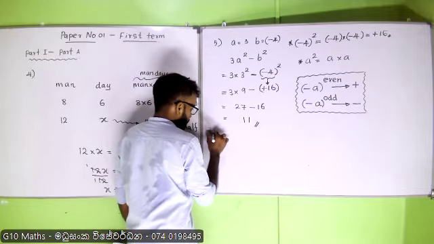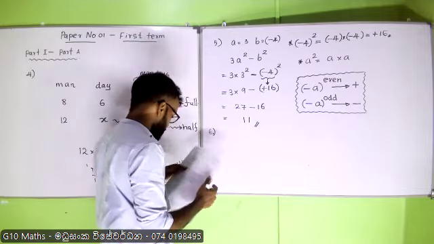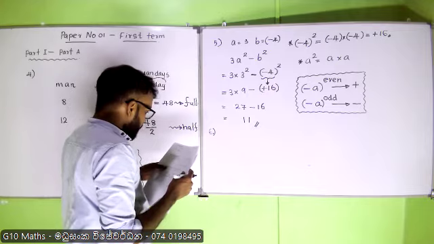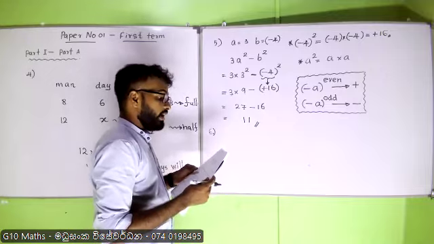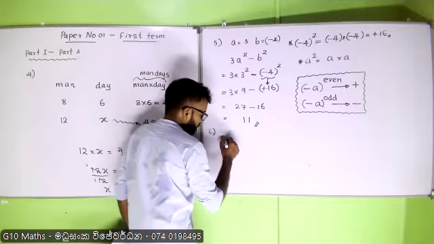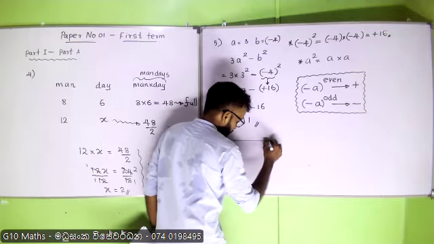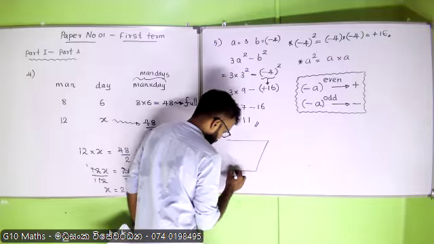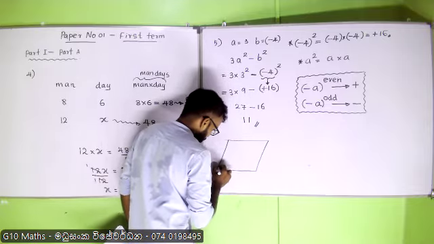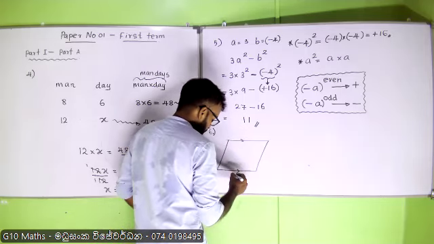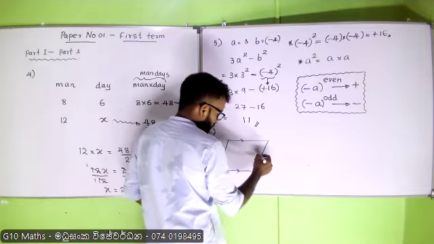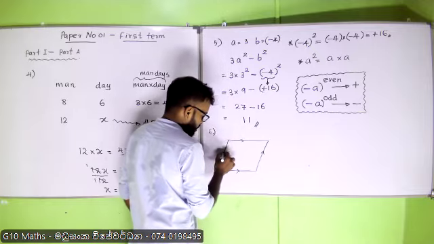Sixth one. Find the area of the parallelogram ABCD according to the given data in the figure. So this is the parallelogram, and this side is parallel to this side.